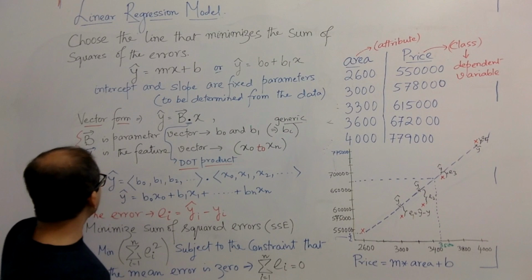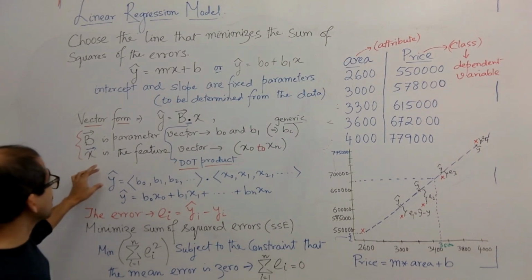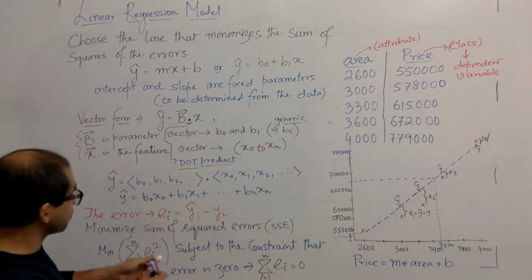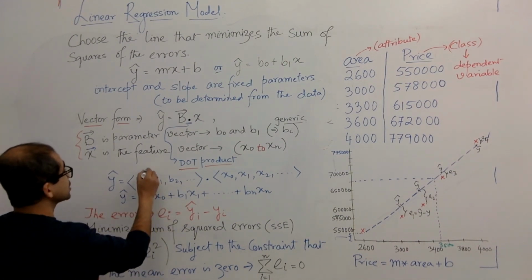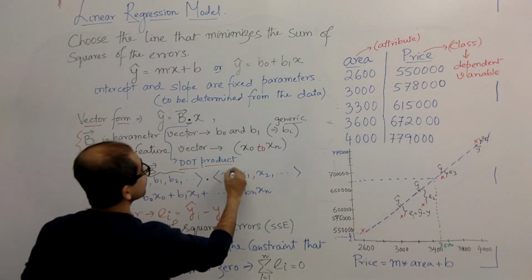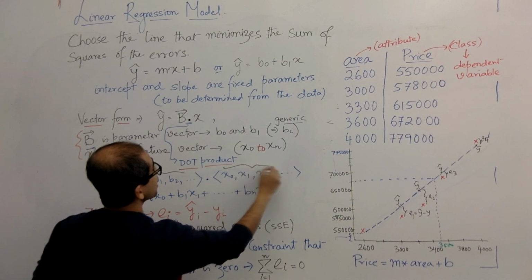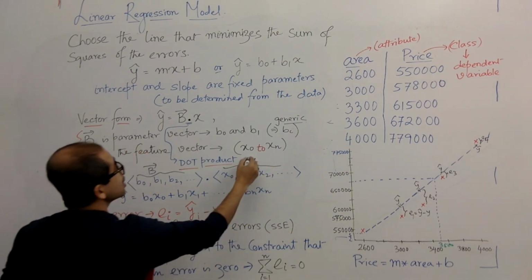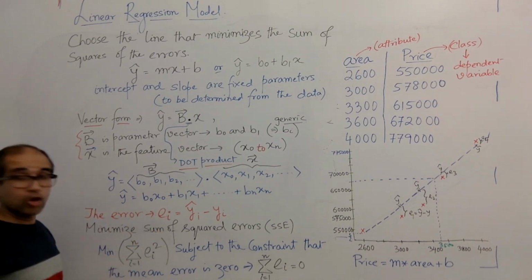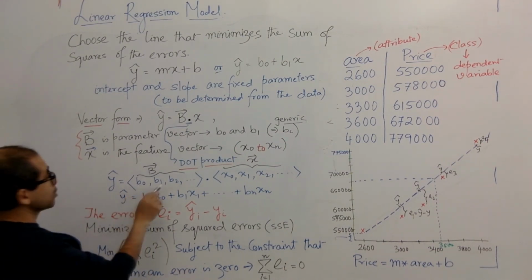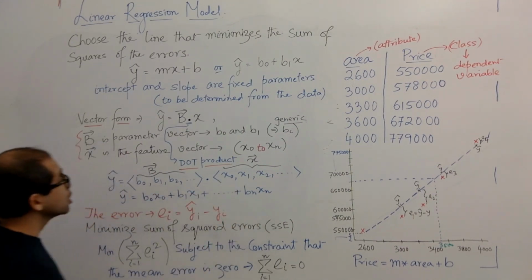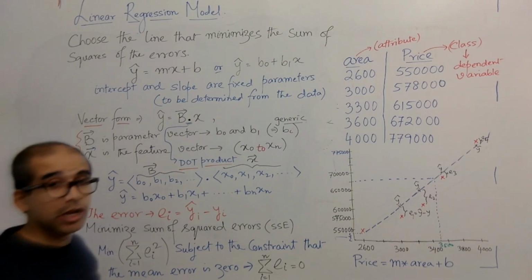Let's write it as y hat equal to b0, b1, b2, which is nothing but the vector b, and then the vector x, and we are doing the dot product. It's a linear combination: b0 times x0 plus b1 times x1 plus b2 times x2, and so on until bn times xn, considering there are n features.